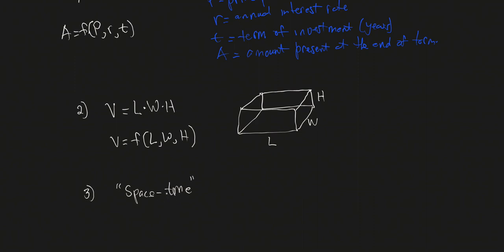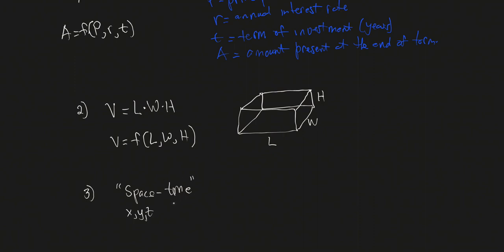And then you get into Stephen Hawking's theory of the evolution of the universe, things like that. So what does this have to do with functions of several variables? Think about how we define space. In our rectangular coordinate system, we define space in terms of three variables, x, y, z. And then you think about time.